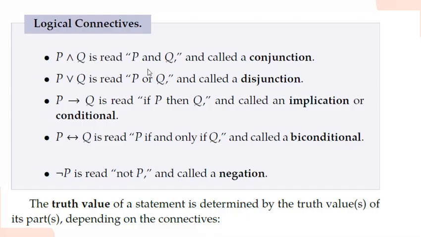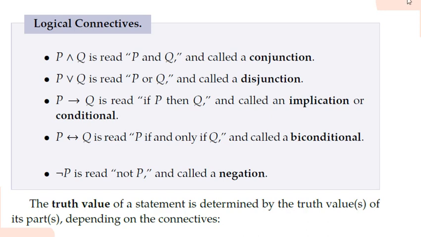So here are the logical connectives with the symbols and with the propositional variables applied. This is how we are going to read them. The "and" symbol: P and Q is read as P and Q, also called conjunction. P with the symbol of "or" Q is read as P or Q and called disjunction. P with an arrow pointing to the right Q is read as if P then Q, and is called an implication or conditional.